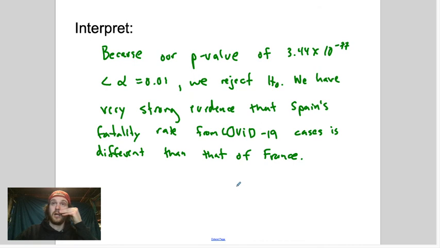Okay. And I think since our alternative hypothesis was different, we have to state different.